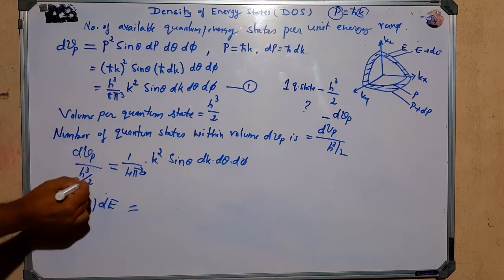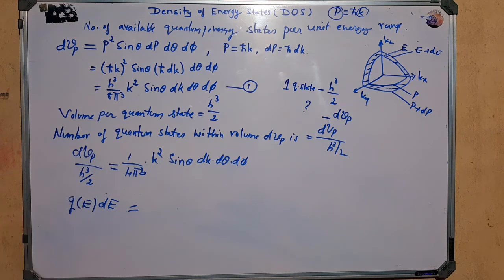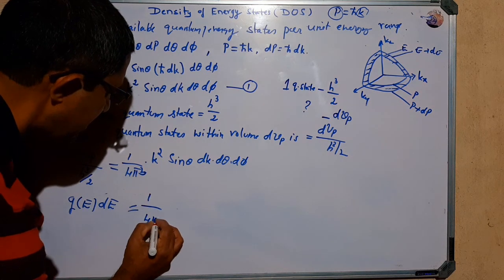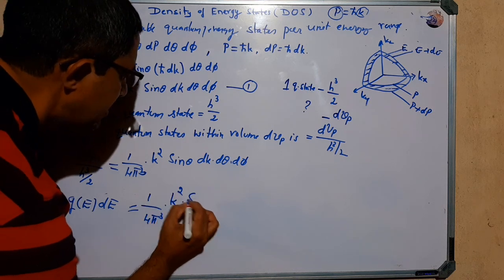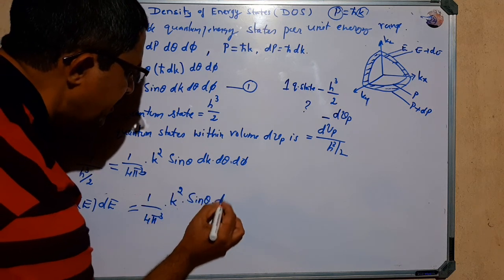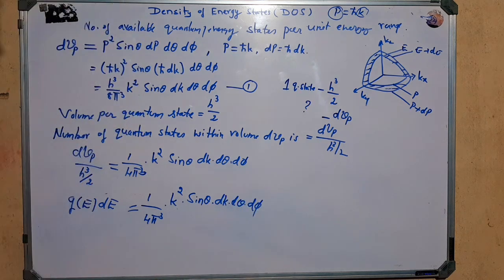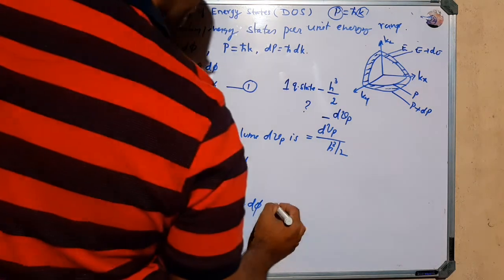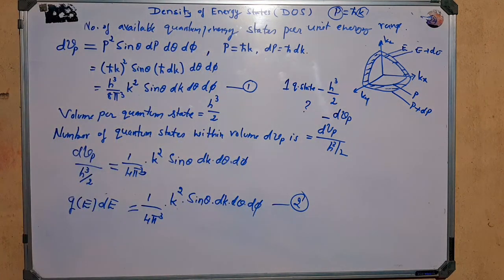That is dVp by h cube by 2 equal to g of E into dE, equal to 1 by 4 pi cube into k square sin theta dk d theta d phi. This is equation number 2.